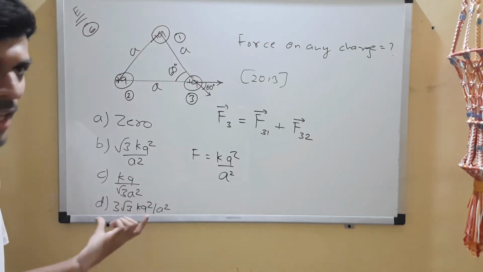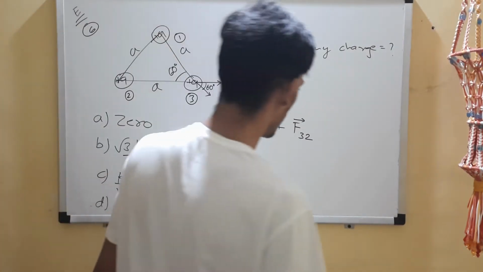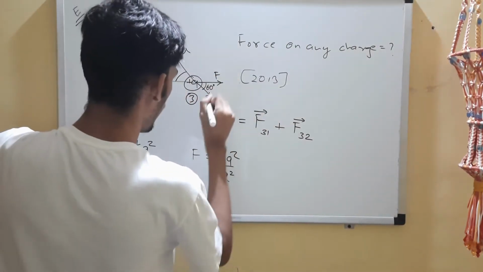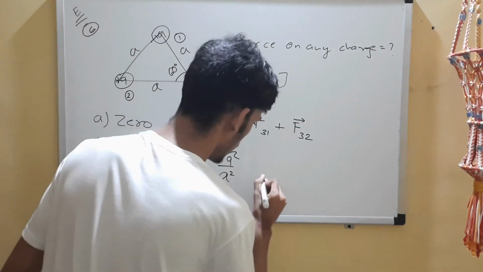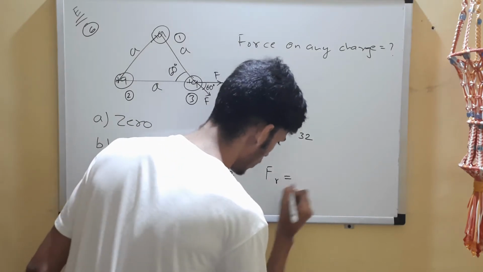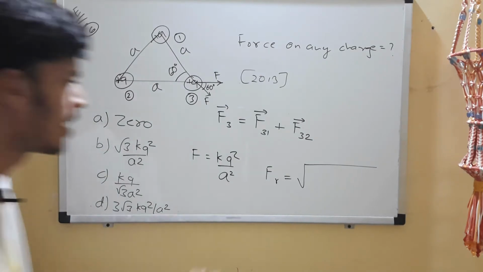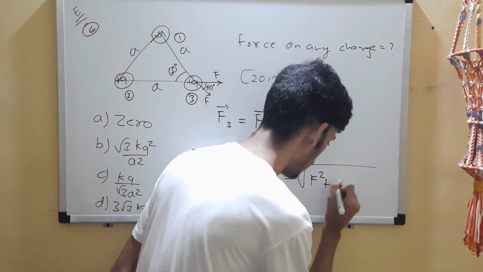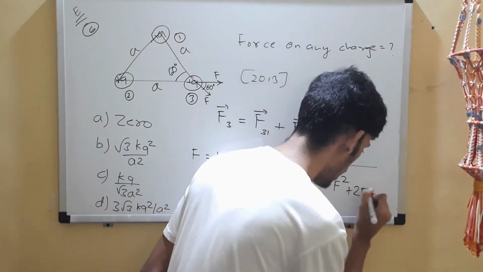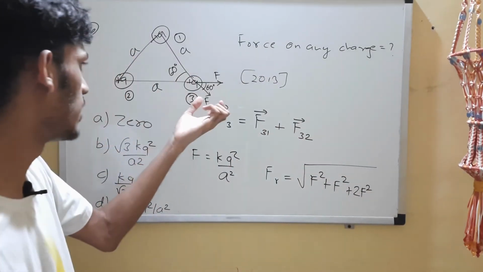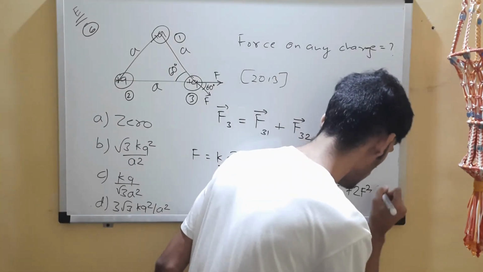So now just apply your vector logic. Here you just want the magnitude, right? So how to find the magnitude? Here you have F and F. How to find the magnitude of two vectors? The resultant force, which is the force on 3, will be given as the magnitude of the square root of a square, which is F square, plus b square, which is again F square, plus 2ab, so 2F square into cos theta, right? Cos 60 will be half. I can directly substitute that.